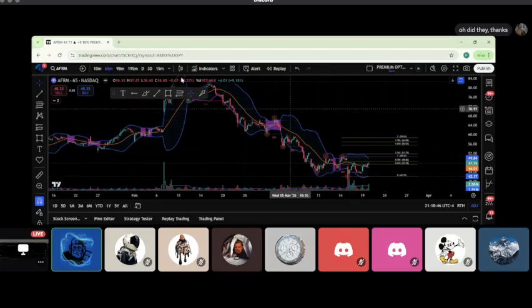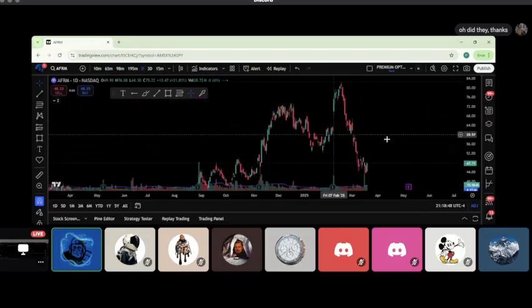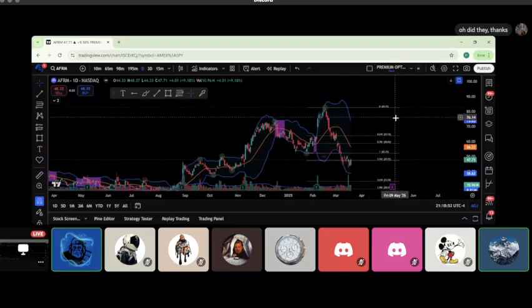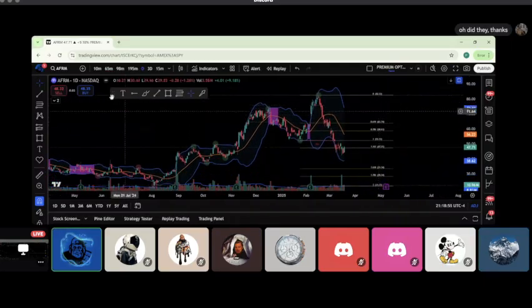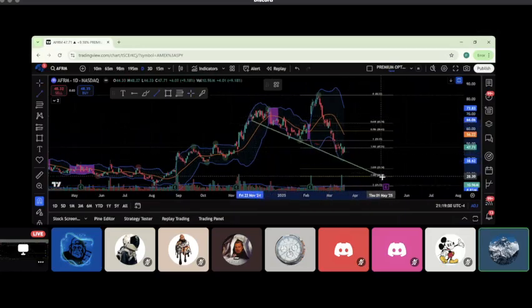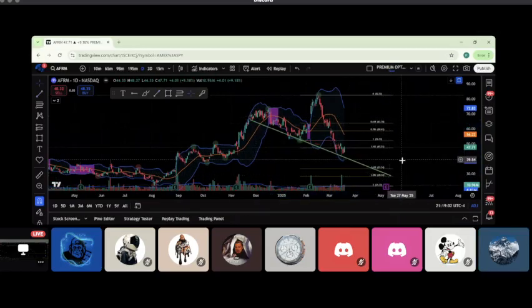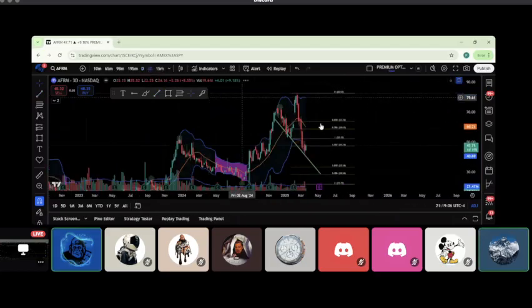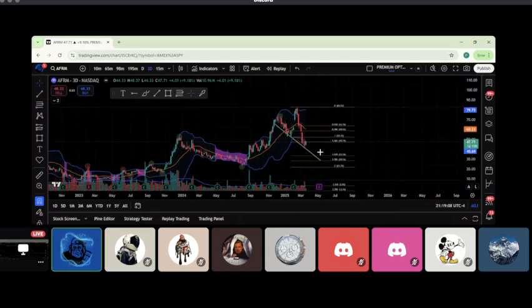AFRM. I had AFRM for a little while. I sold it for like 40%. I think this can eventually move back up. Retest and pump.